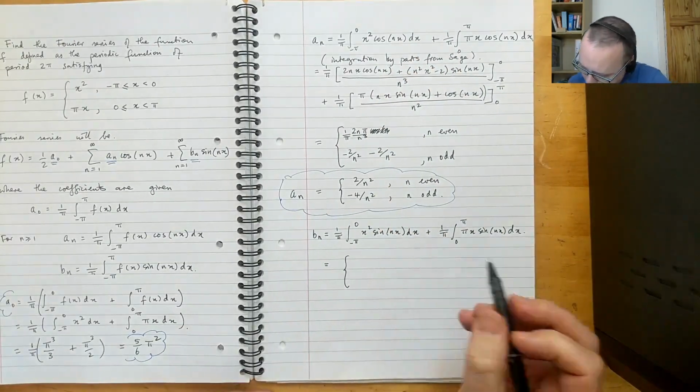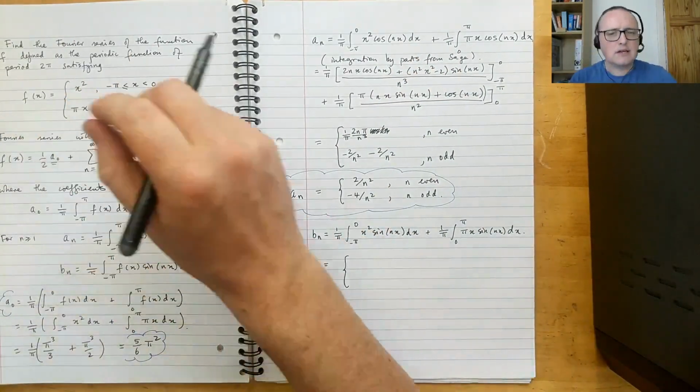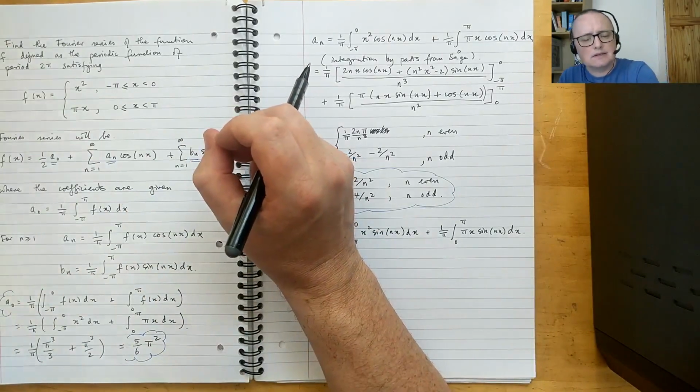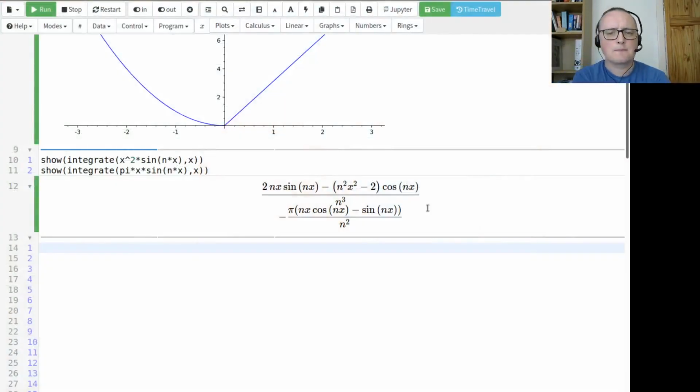So again, let's just look at the expressions we got for the integrals. When you're evaluating sine nx at 0 and pi, it's never going to give you anything. Anywhere where there's a factor of x, when you evaluate that at 0, that's not going to make any contribution, that particular term itself.